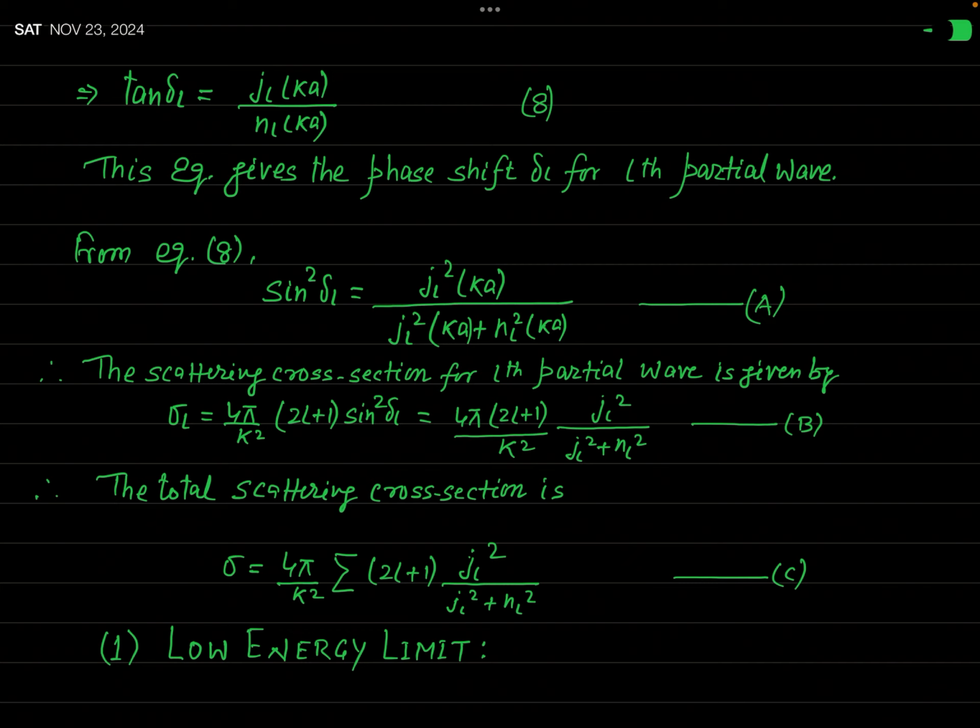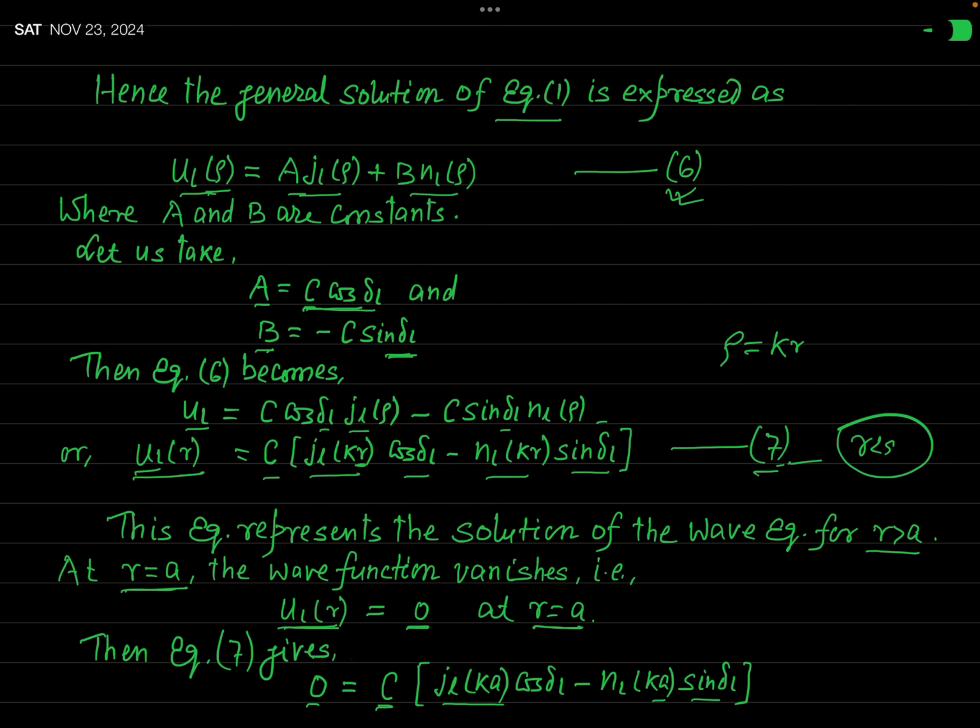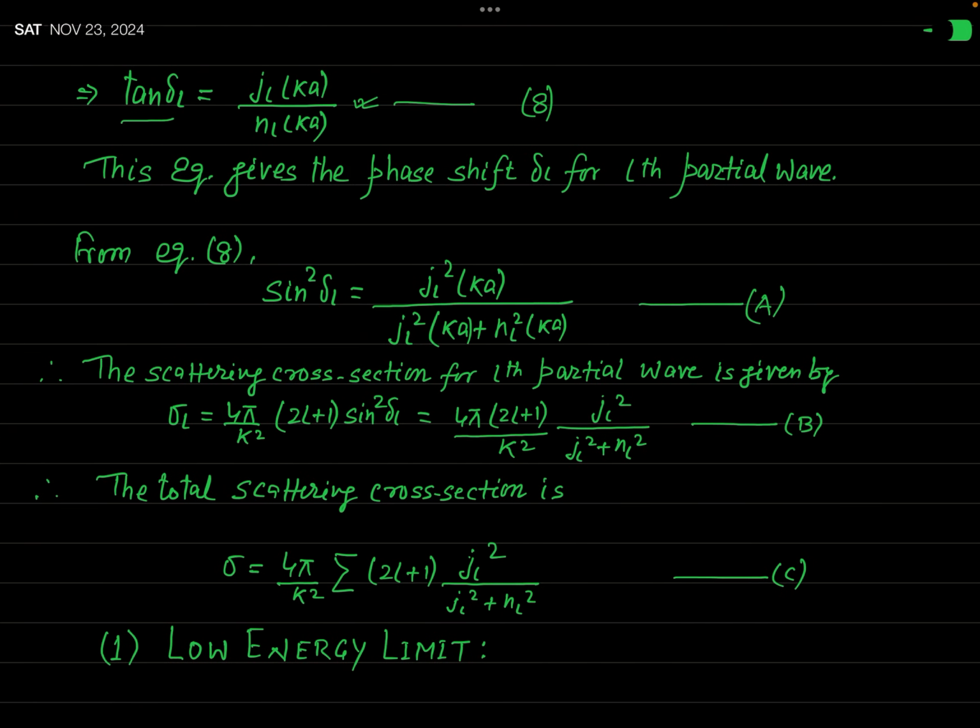So if C is not 0, definitely the factor inside the square bracket will be 0. And if you set that factor inside the square bracket to 0, then you can see that it simplifies to tan delta L equal to JL of KA divided by NL of KA.